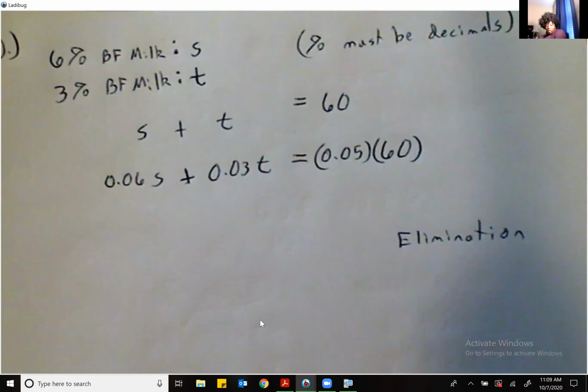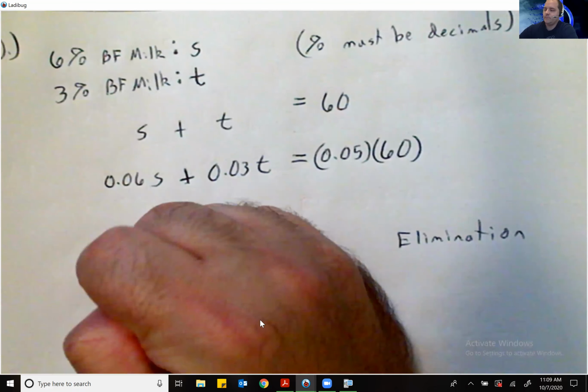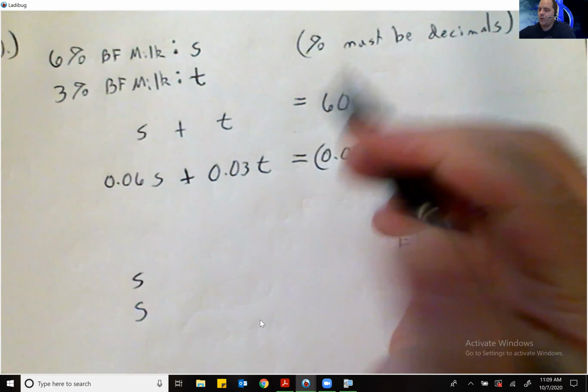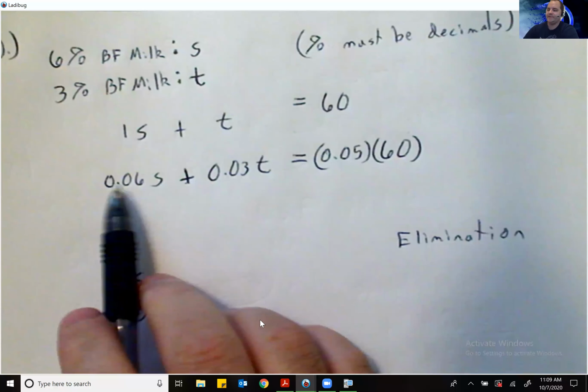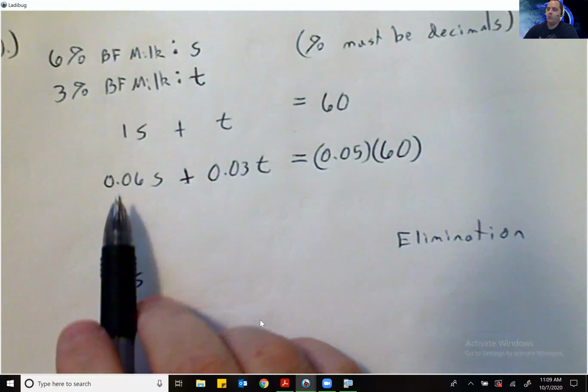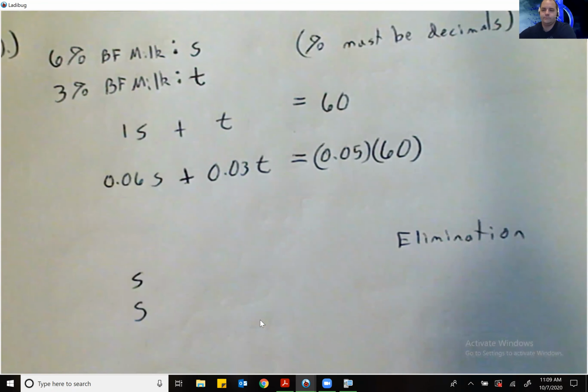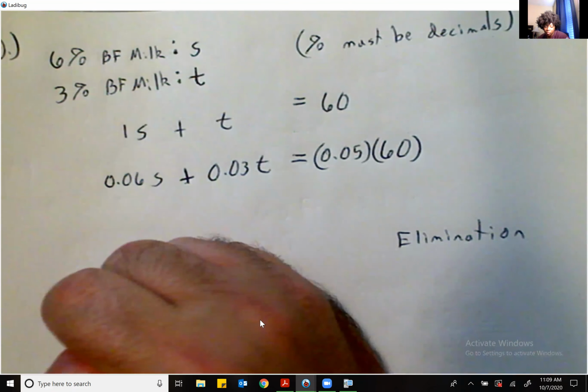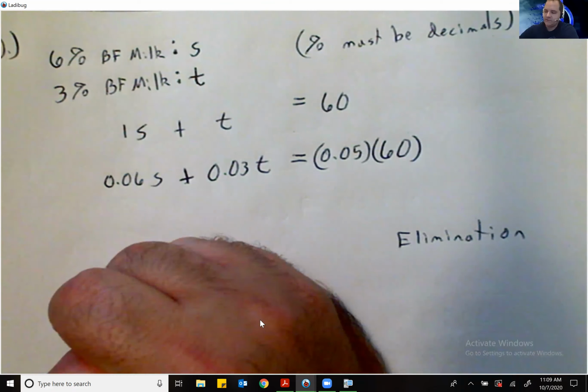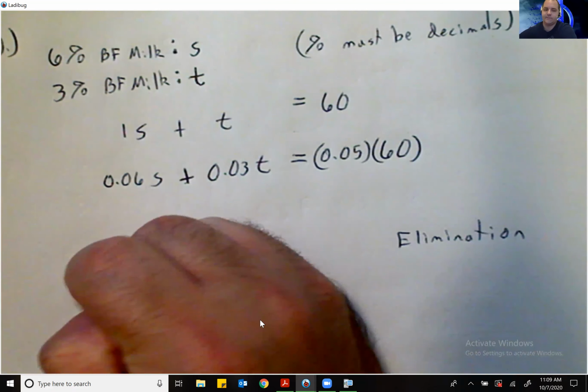The S. Okay, so we're going to get rid of the S's. So I've got a 1 and I've got a 0.06. What number can I turn these both into? The 0.06. Change it into the 0.06.